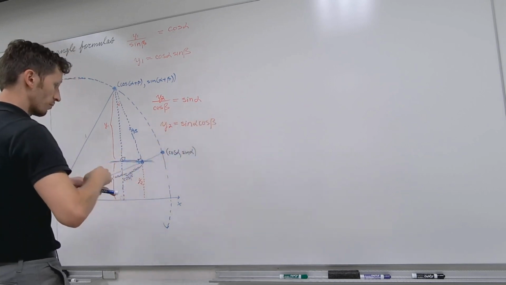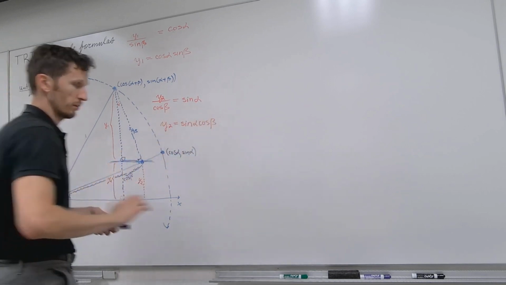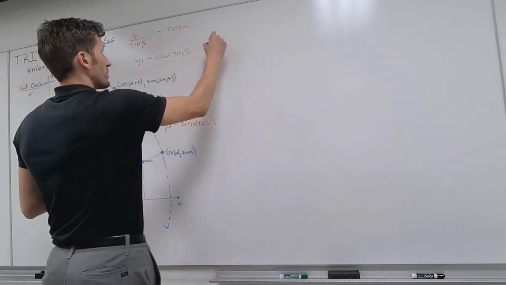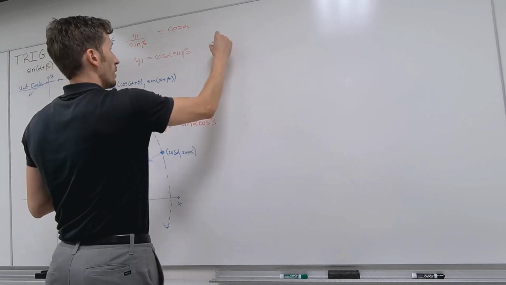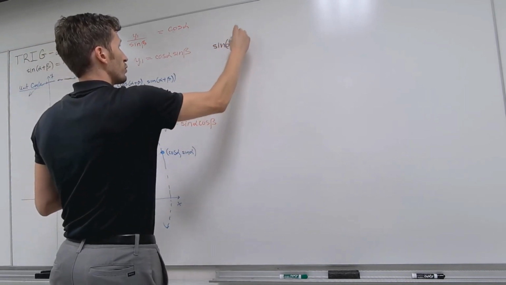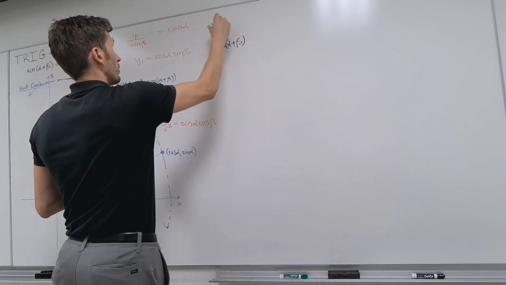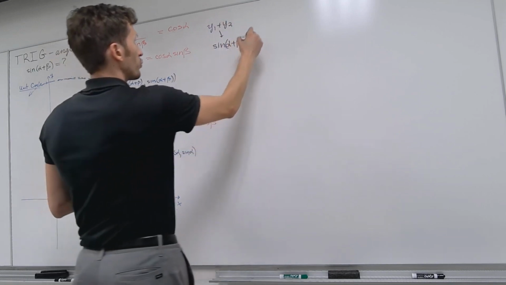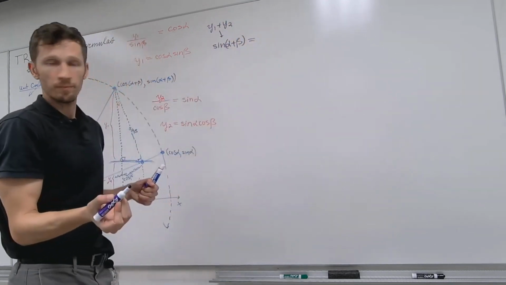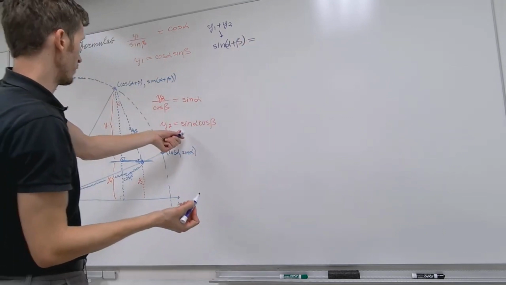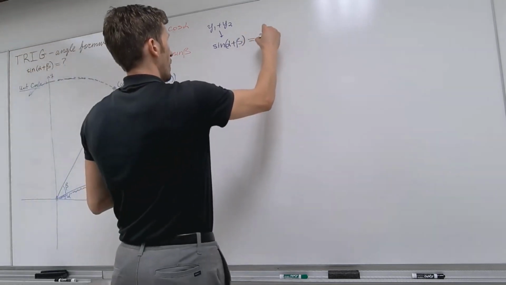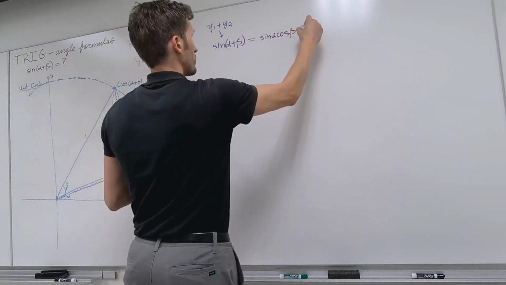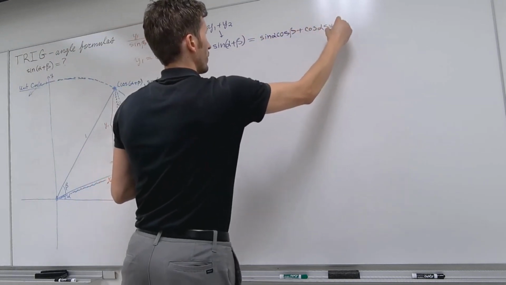We almost have proven this awesome result. So y1 plus y2, which is exactly sine alpha plus beta, is equal to, let's do y2 first, just the ordering, sine alpha cosine beta, plus y1, which is cosine alpha sine beta.